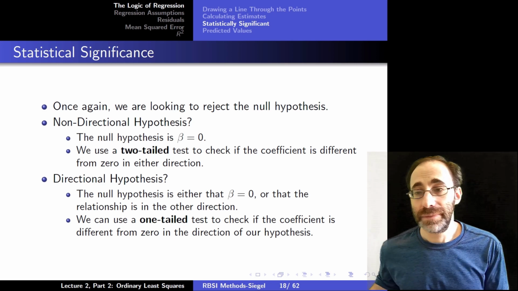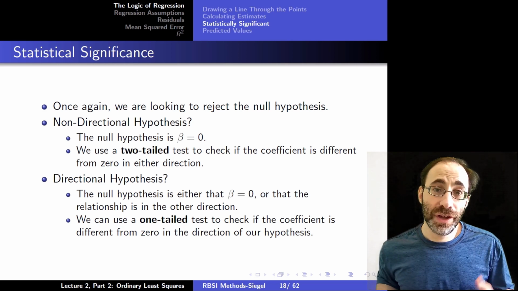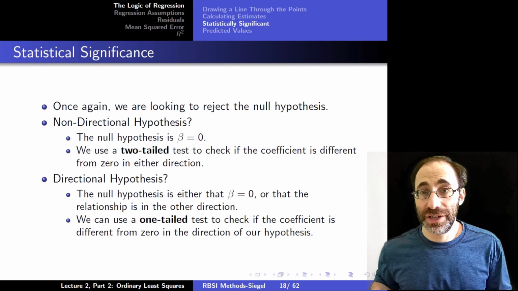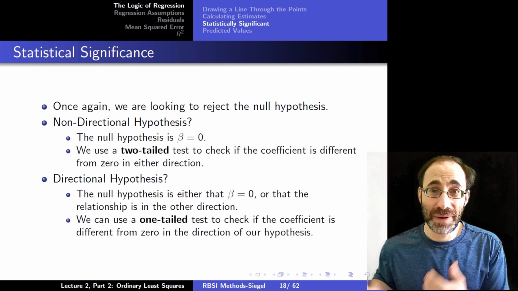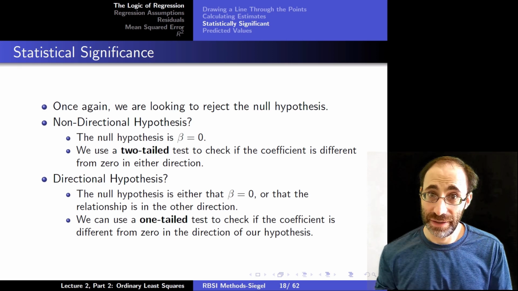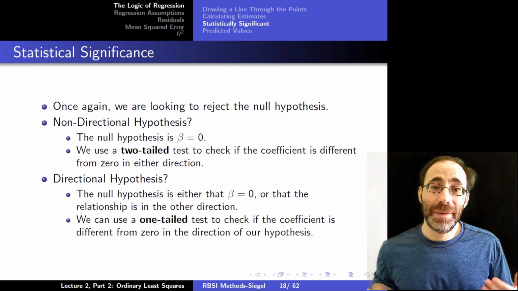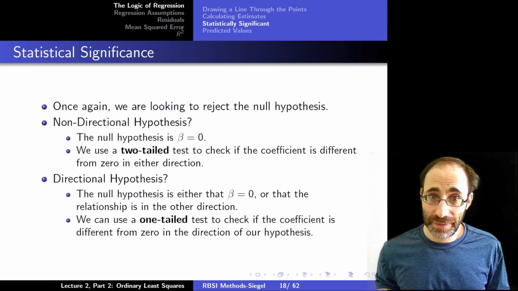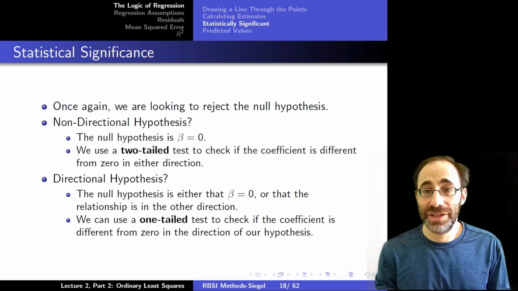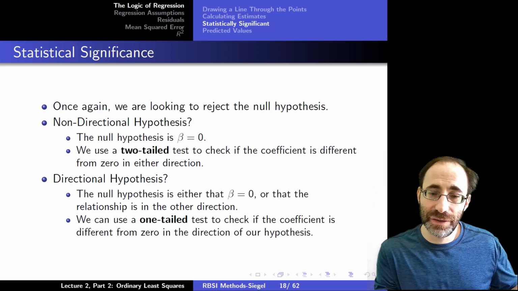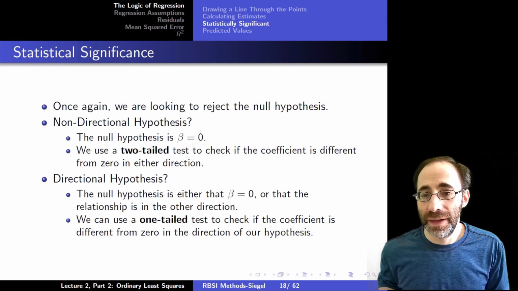It's the opposite. If you have a strong theoretical reason to believe that your effect is definitely either positive or negative and never the other one, you can state that stronger research hypothesis, and it becomes a little easier to reject your null, because your null is sort of captured by more stuff. It's beta equals 0 or negative, or beta equals 0 or positive.